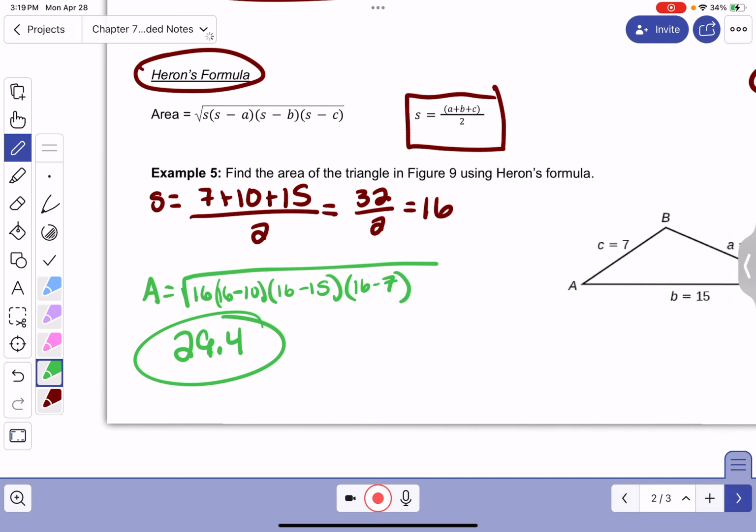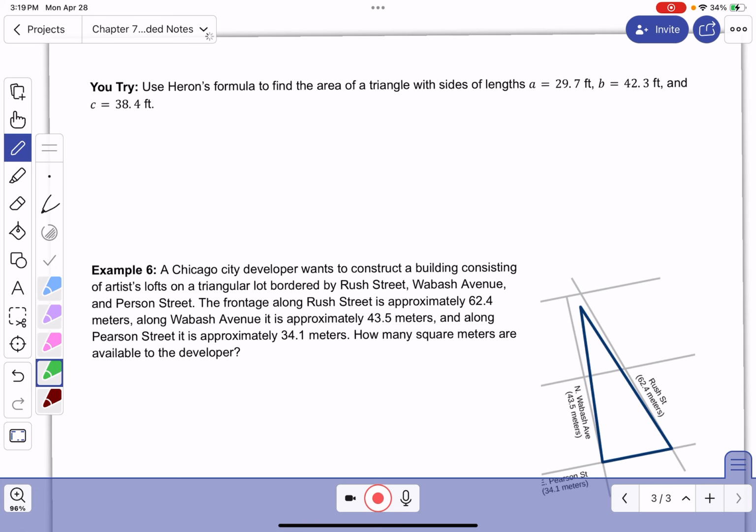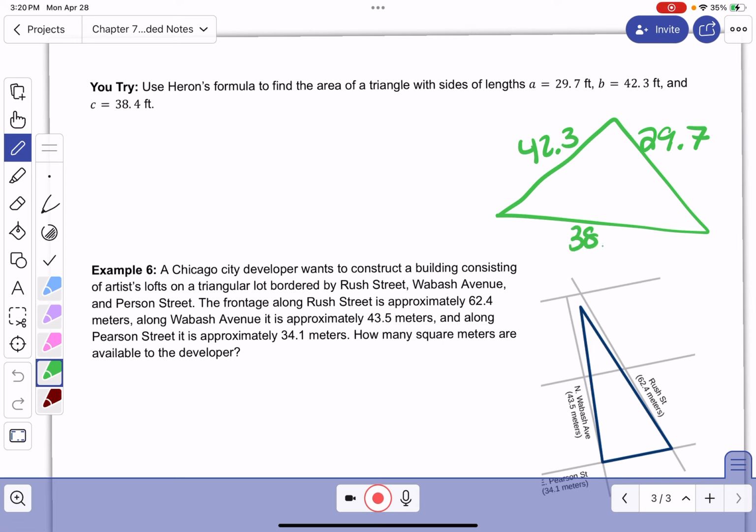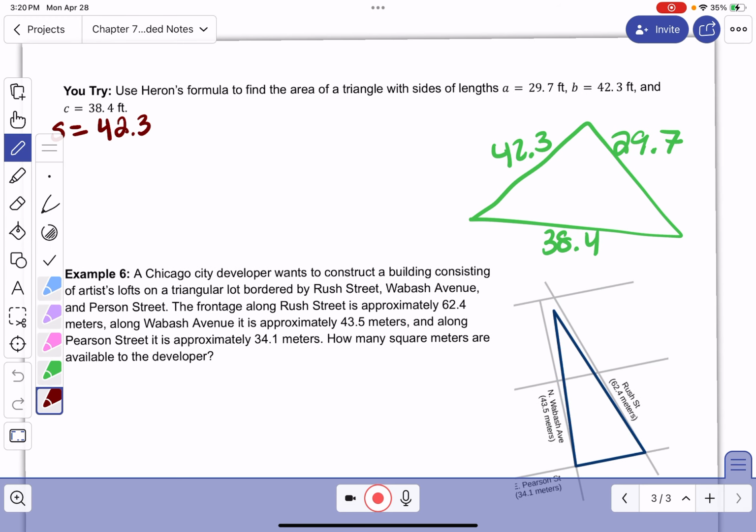So here's a you try. You go ahead and do it, and then check or watch. It's up to you. So if you make a triangle, we have 29.7, 42.3, 38.4. We're going to start by finding S. 42.3 plus 29.7 plus 38.4 divided by 2 is going to give me 55.2.